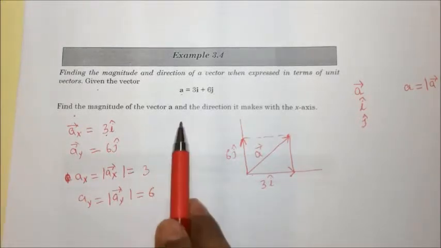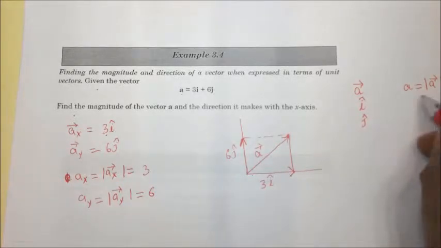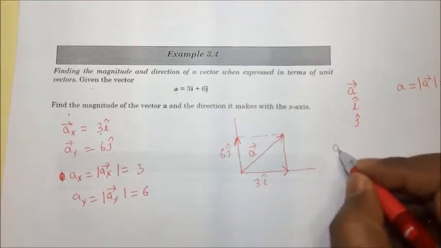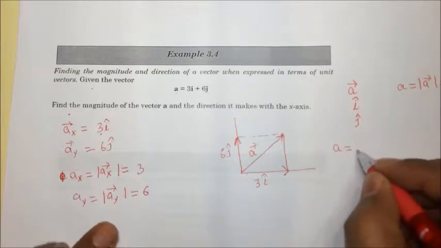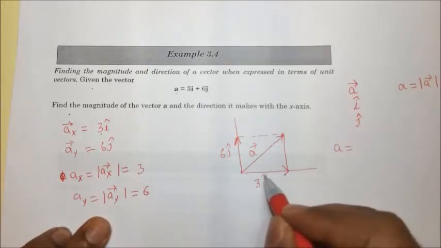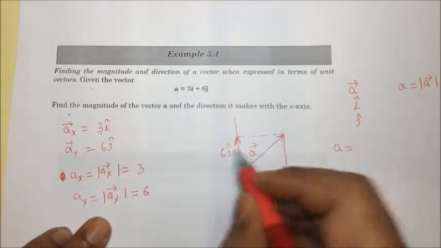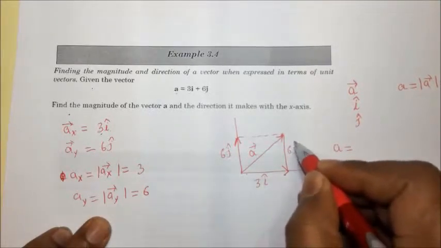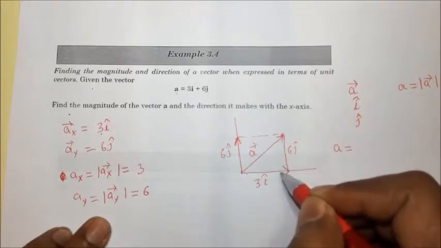So what is the magnitude of vector A? That's what we are looking for. So this is the magnitude of AX, and if this is 6J, this is also going to be 6J. So this is a right angle triangle.